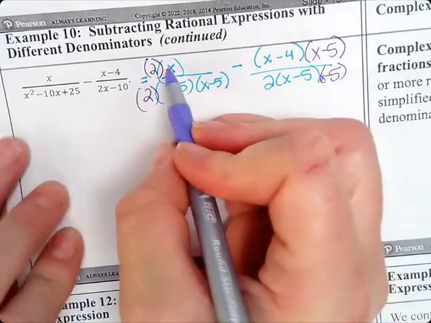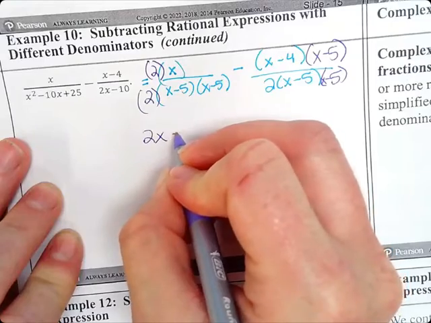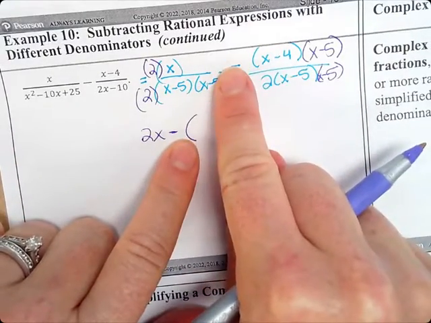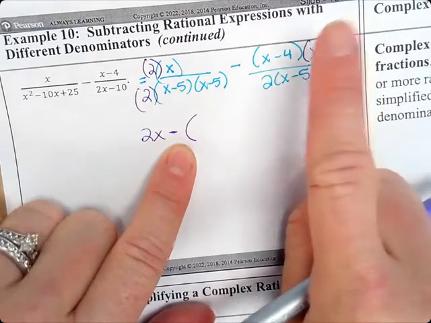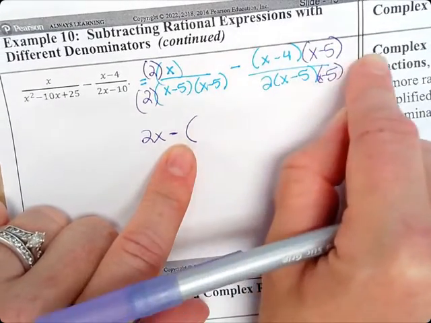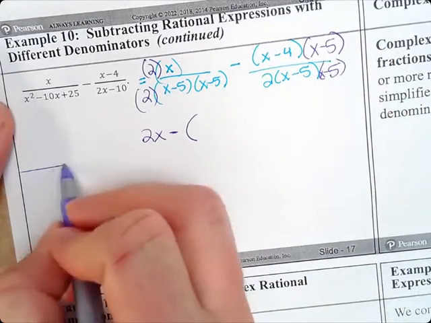Okay, so the top here would be 2x, and then minus, I'm going to put this in parentheses, because we're going to subtract this whole thing. But what I want to do is go ahead and multiply this out. X minus 4 times x minus 5. If you need to do the box, you can.